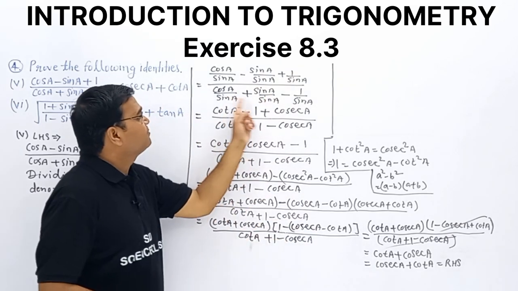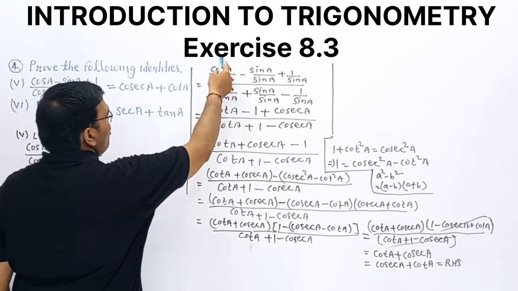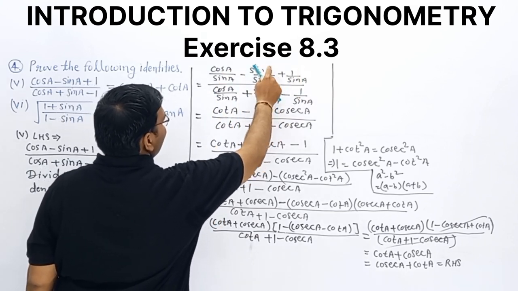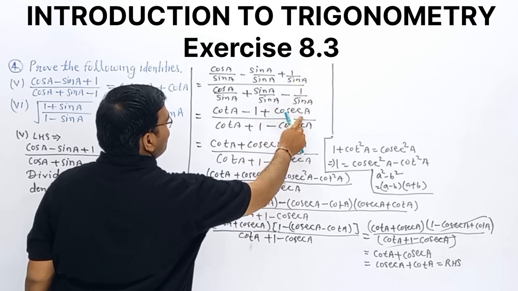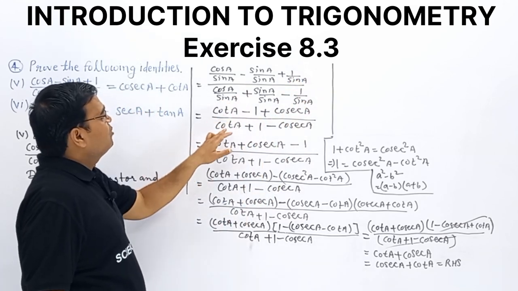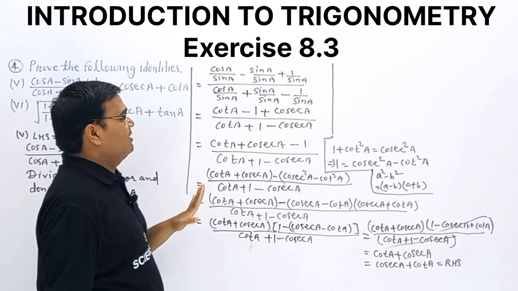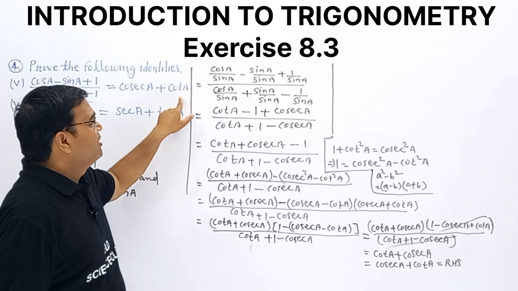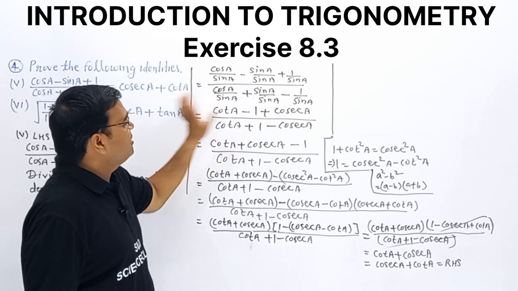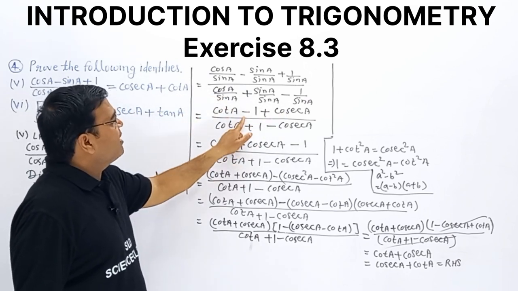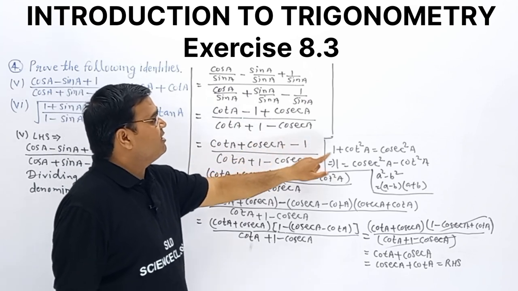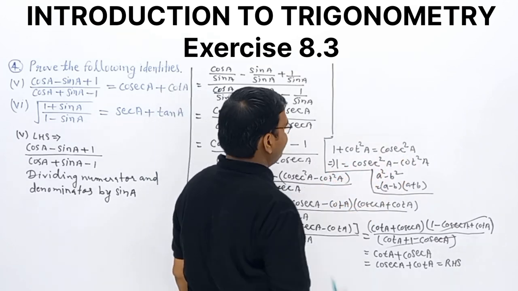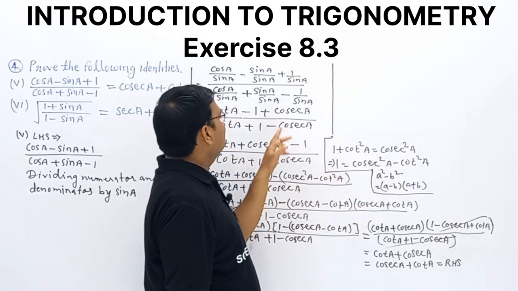Then we know well cos A upon sin A will be cot A. Sin A upon sin A will be 1, and 1 upon sin A will be cosec A. Clearly this will be cot A, this will be 1, and this will be cosec A. Now we want cosec A plus cot A. So cot A plus cosec A I am taking first, then minus 1. And 1 can be written as: 1 plus cot square equal to cosec square, so 1 equal to this one. Now I am putting 1 equal to this one there.